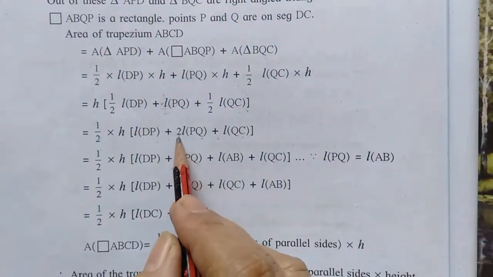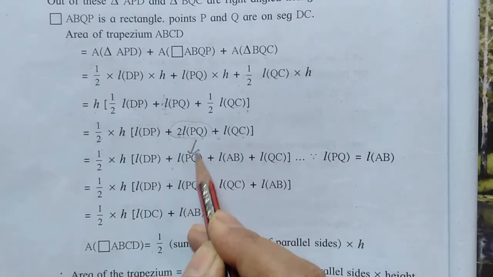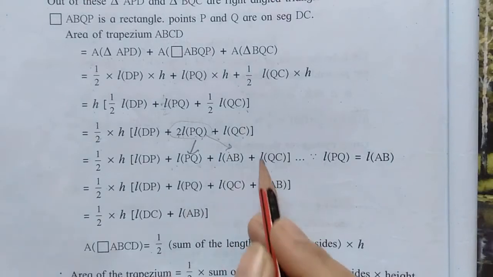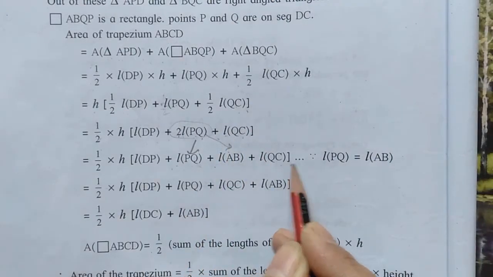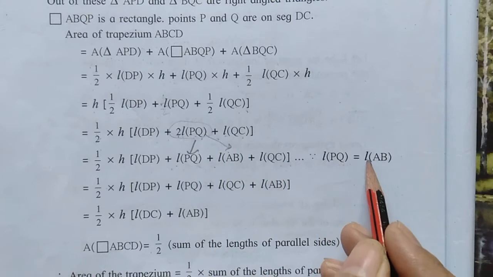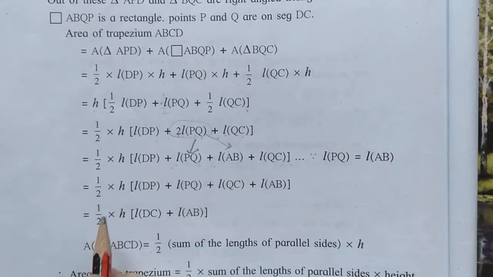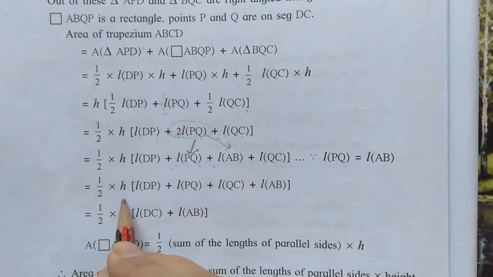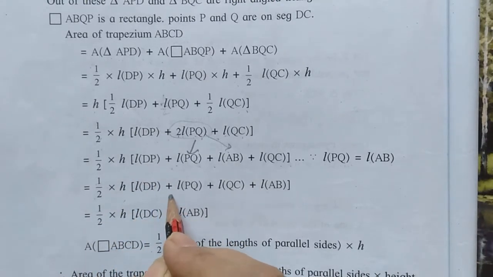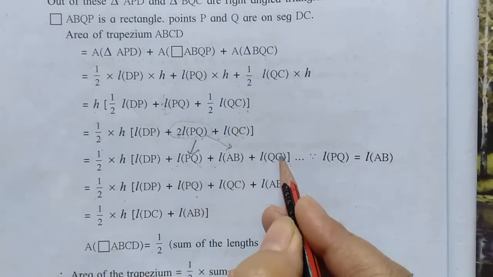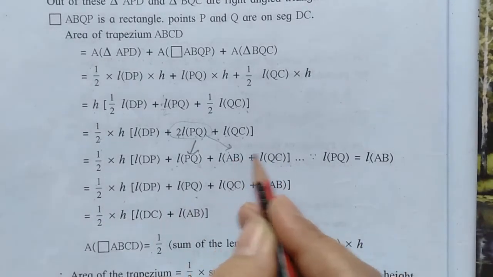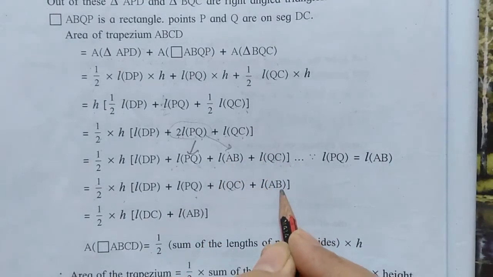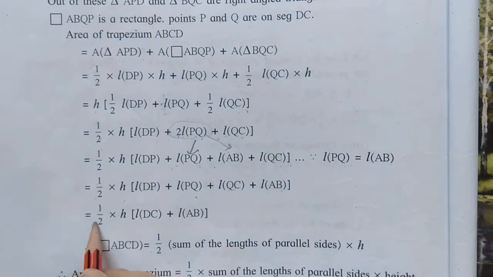So instead of twice PQ we take length of PQ plus length of AB plus length of QC as it is, because length of PQ is equal to length of AB. On the next step, half into H as it is, length of DP plus length of PQ plus length of QC, just interchange the place, plus length of AB.